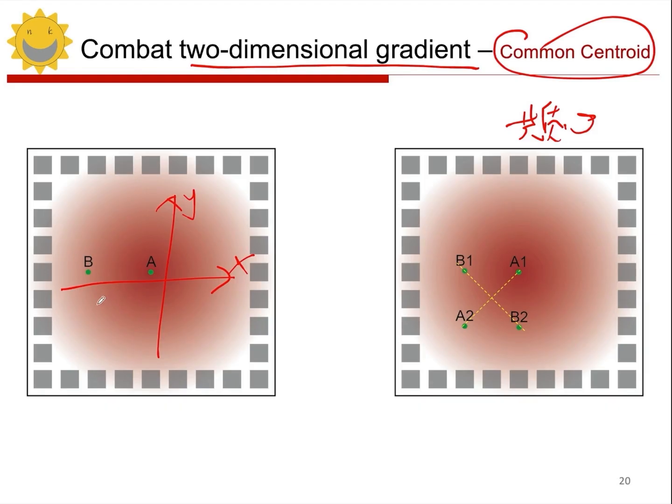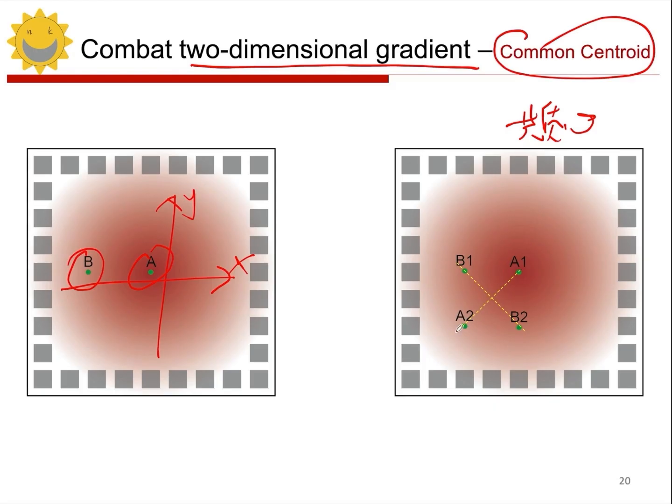So if we draw a transistor A at this position and a transistor B at that position, and we want them to match better, we actually need to split A and B as well. After splitting, the arrangement looks like this. A is split into 2, and B is also split into 2. Then A is arranged in a diagonal manner, like this.